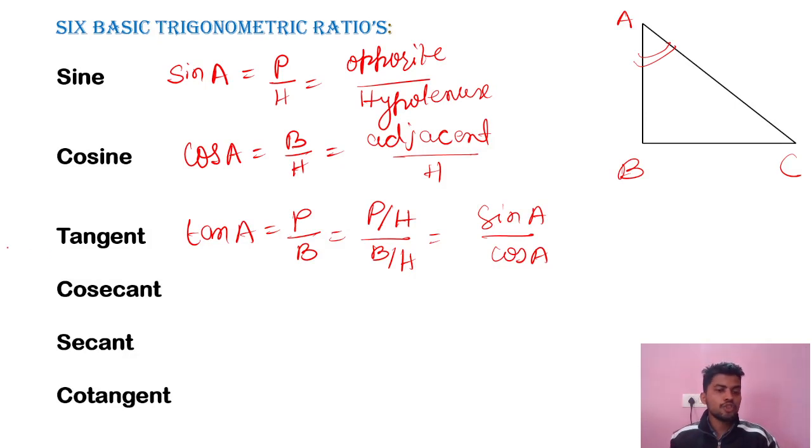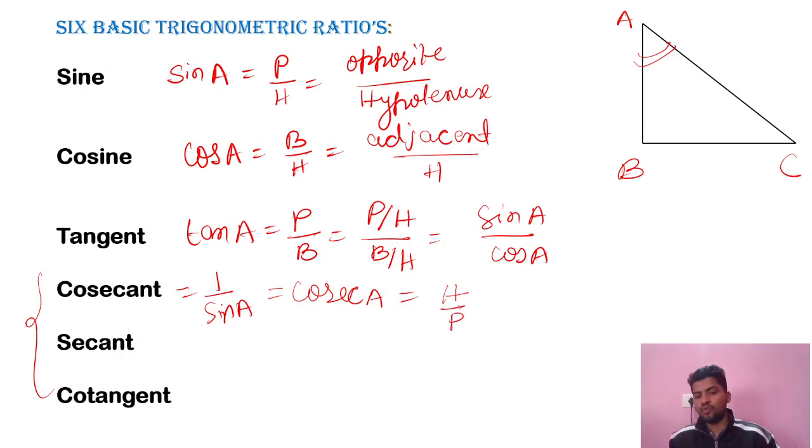Next is cosec. These 3 trigonometric ratios are reciprocal trigonometric ratios. Cosec is the reciprocal of sine, so 1 by sine A is cosec A, and sine A is P upon H, so cosec A is H upon P because it is reciprocal.